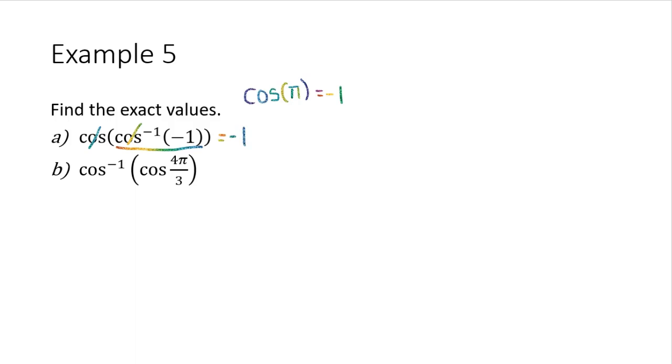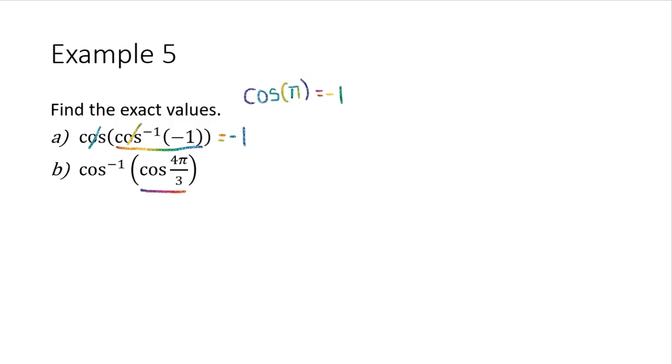And it's because of the domains for our inverse functions. For the cosine, the domain is between 0 and pi, which is quadrants 1 and 2. Part B, we want the inverse cosine of the cosine of 4 pi over 3. Now again, we can use the unit circle because 4 pi over 3 is on the unit circle.